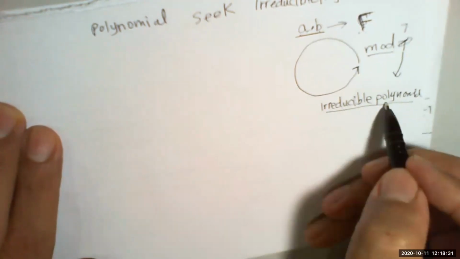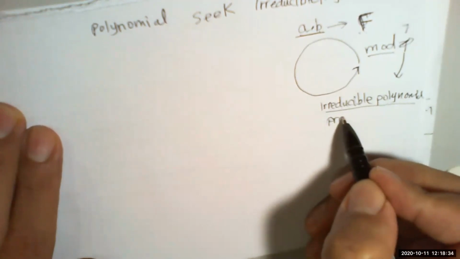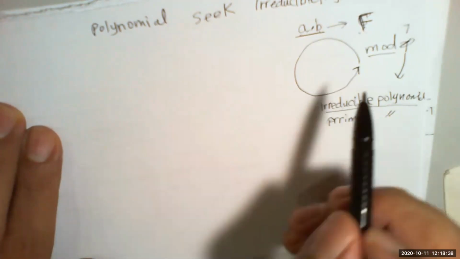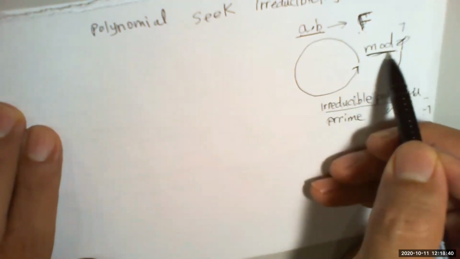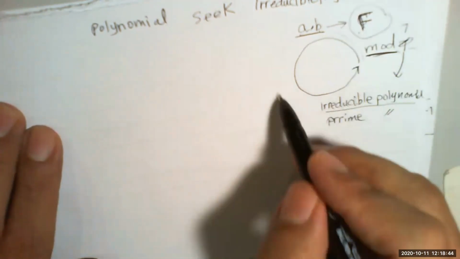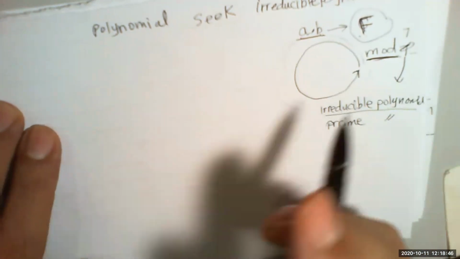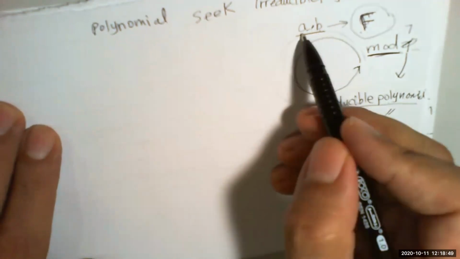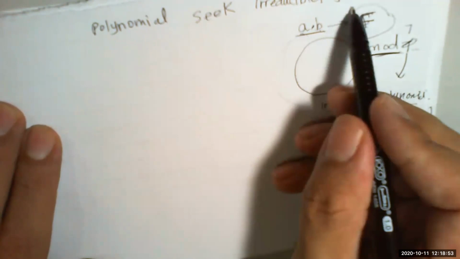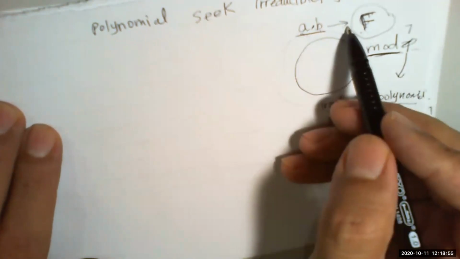An irreducible polynomial is the same as a prime polynomial. I want to have a mod operation done on the irreducible polynomial to have this field in a cycle, to cycle over the numbers. So if I do operations, it will lead us to the same domain. I will not get out of the domain.